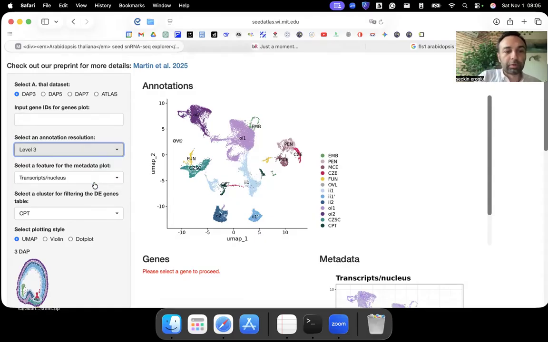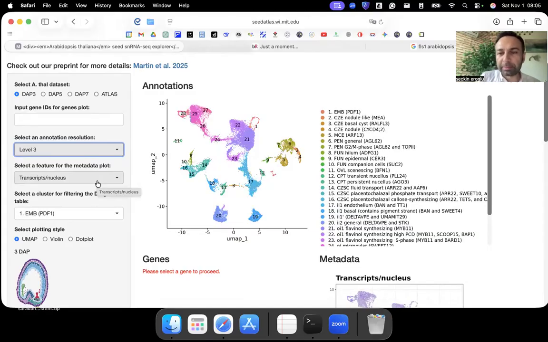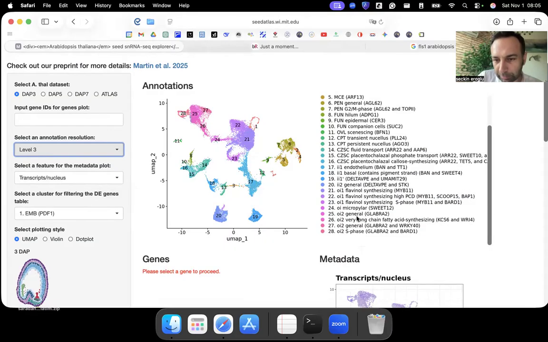We can even go into further detail. Even in the same cell layer, for example, now I don't remember that well, but I think this was OE1. Sorry, for example, 25 onwards is OE2.